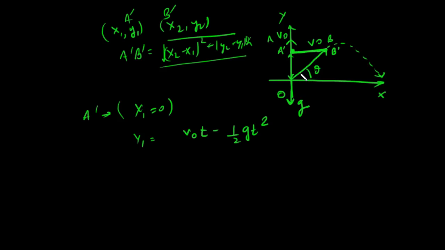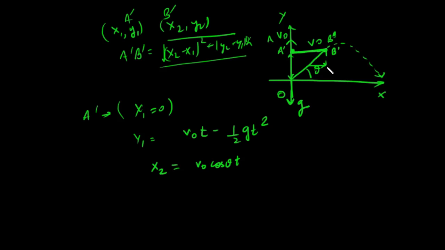Alright, now what will be the coordinates of B dash? Let us say x2. You see, x2 will be the multiplication of the horizontal component of velocity with the time. So this would be v0 cos theta times t.